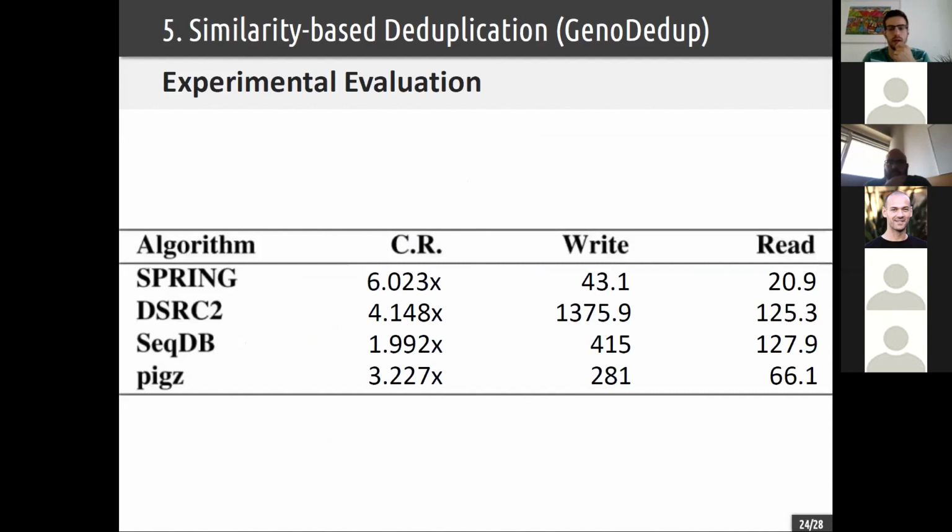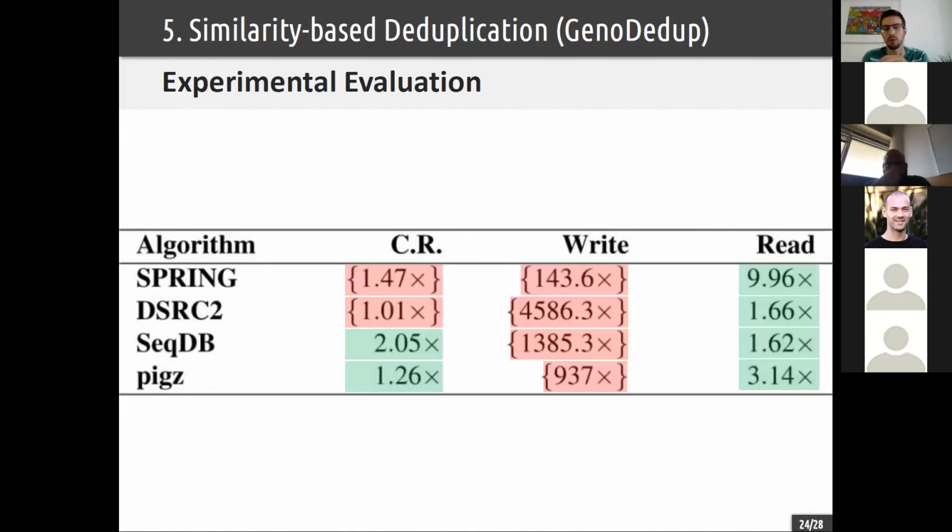So, another experimental evaluation, comparing those results from the first table: on the right, we are still slower than all of the others in writing, but we can improve it with some suggestions we have in the paper. But our read performance is way faster, and we have balanced the compression ratio between specialized algorithms and generic algorithms.